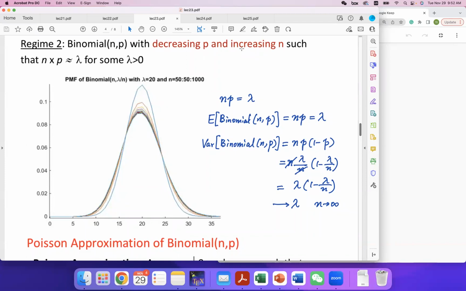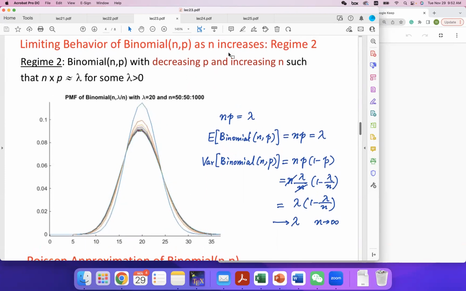In this case, n is increasing and p is decreasing, but the product remains the same. So the variance depends on lambda and also the total number of experiments, n. As we increase n, the factor (1 minus lambda over n) is going to converge to 1.